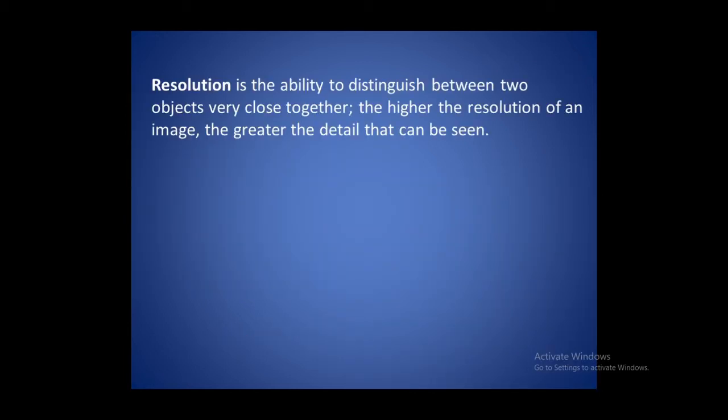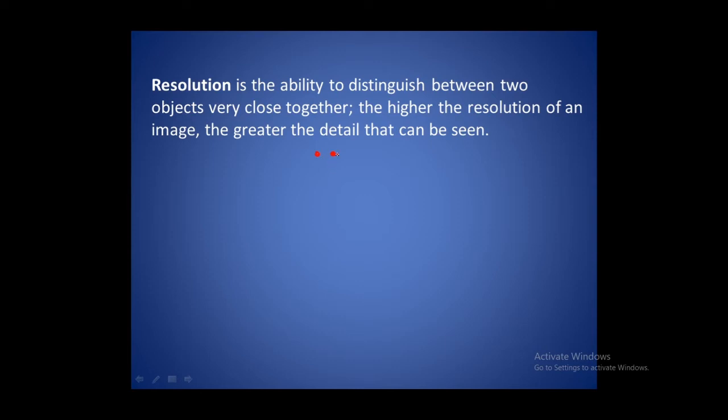The basic definition of resolution is the ability to distinguish between two objects very close together. The higher the resolution of the image, the greater the detail that can be seen. That means if you have 2 points here, and these 2 points are observed as 2 points, not as 1 point, then the resolution is better.